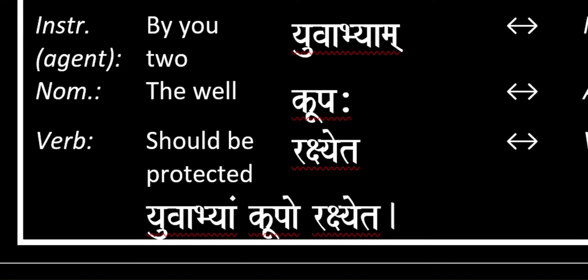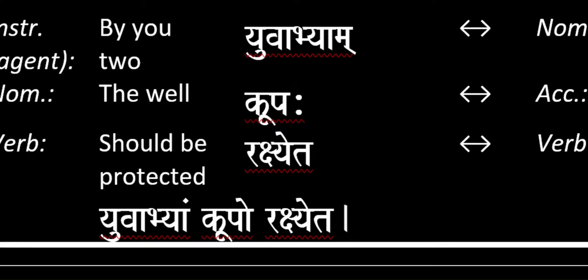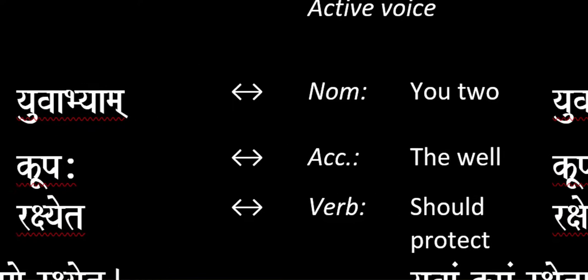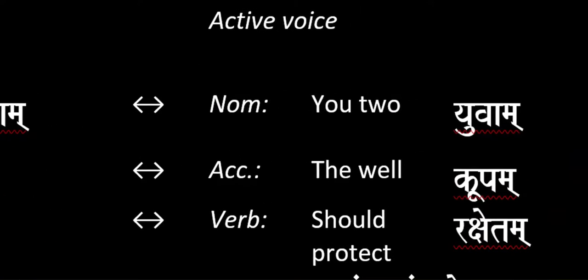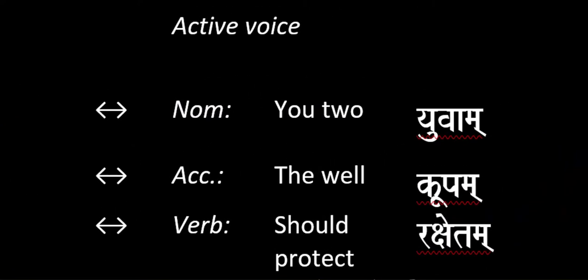And notice that rakshyeta, the well should be protected, is third person singular, because that singularity is being represented by the well. But notice in the active voice, we have should protect. Rakshetam, that is dual, that is agreeing with you two, the two of you should protect the well.